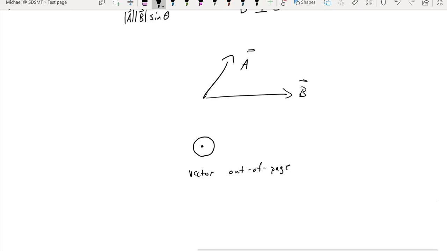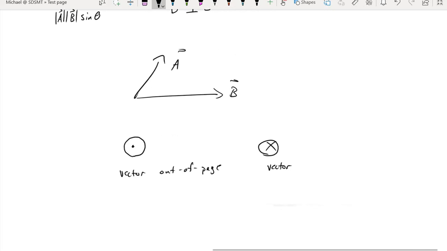So what if you fired the arrow away from you? What would you see? Well, in that case, you would see the fletching or the feathers on the back end of the arrow. And so it would look something like this. But again, we need to specify that this is a vector and not just an X. We don't want somebody to read this and think that it's a variable X or a multiplication symbol that just went astray somewhere. So we will also put a circle around that.